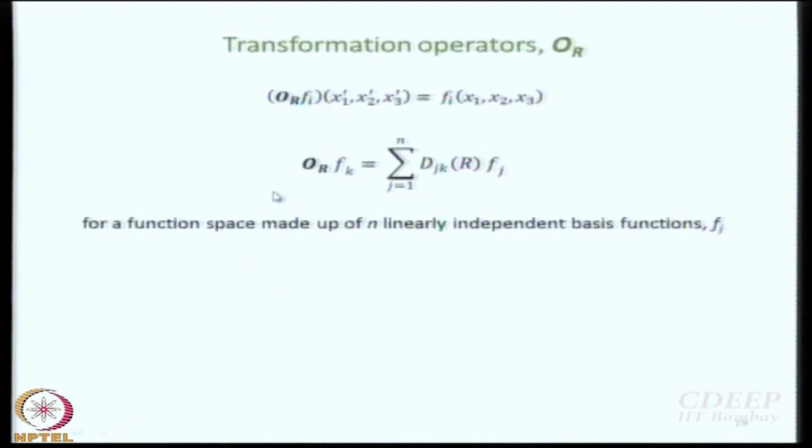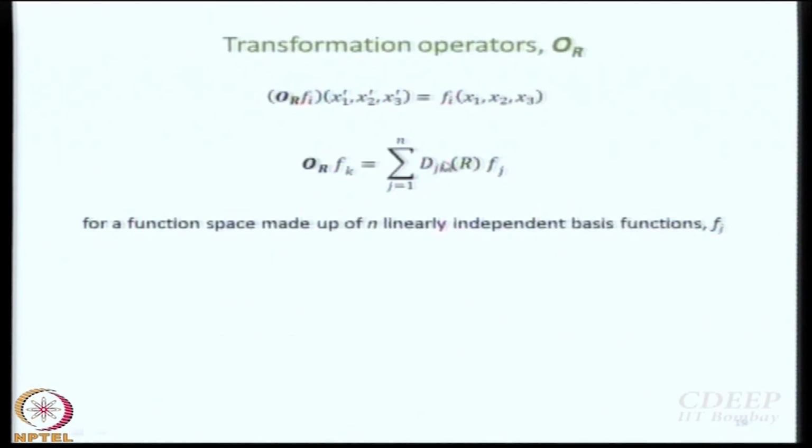On the left hand side we have OR Fk, where Fk is a particular function chosen from these n number of linearly independent basis functions. That clear? k is a particular function, maybe the 186th function, k equal to 186, let us say, okay. So, that OR Fk, that means the transformed kth coordinate will be sum over j equal to 1 to n of Djk(R).